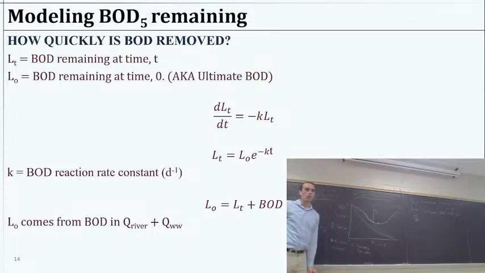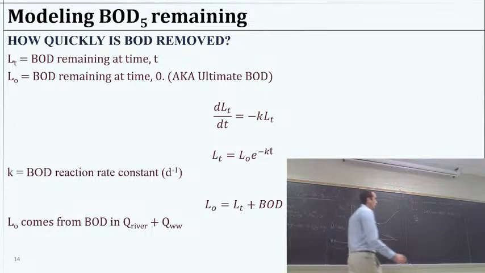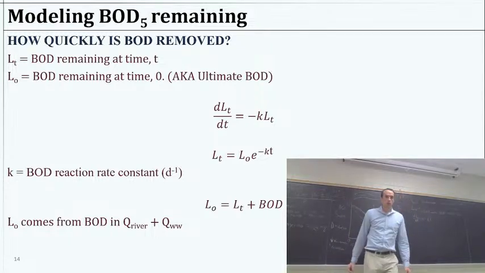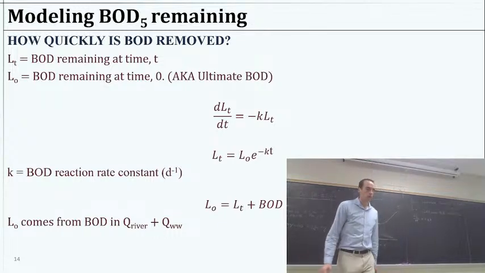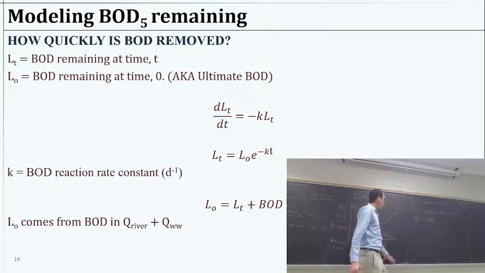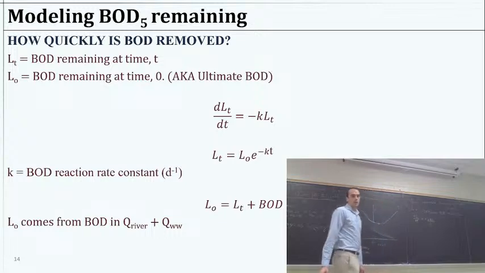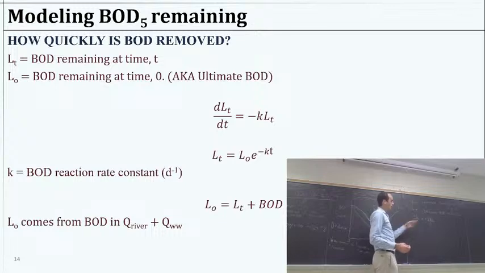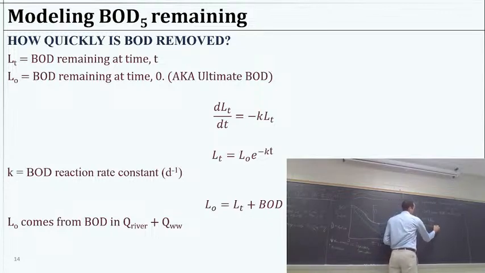We can say this is going to be equal to negative KL, as we often do. That would be first order with respect to L, and that would be where we would derive our system. So that's pretty straightforward. We've done this a bunch. And this K would be a BOD removal rate constant.